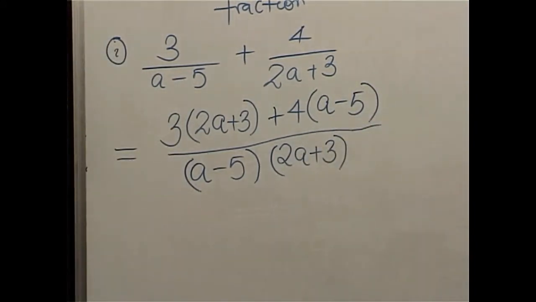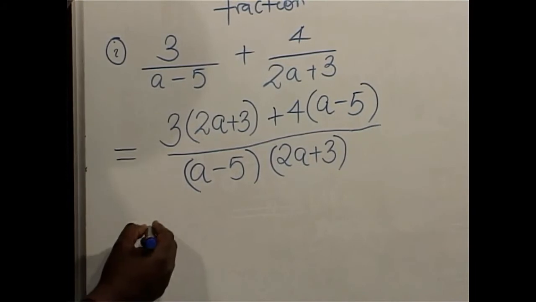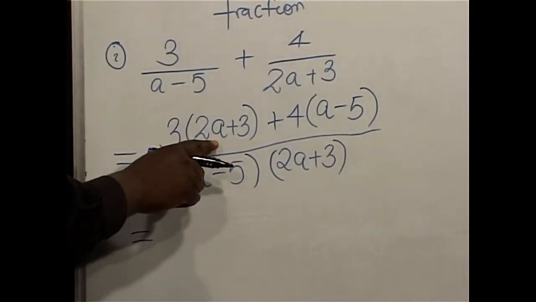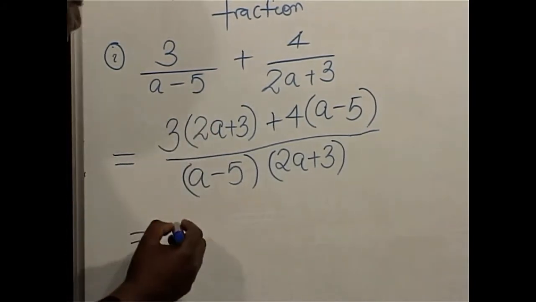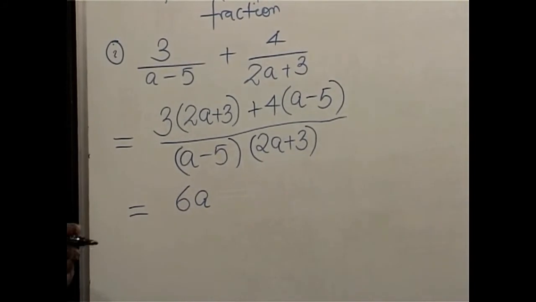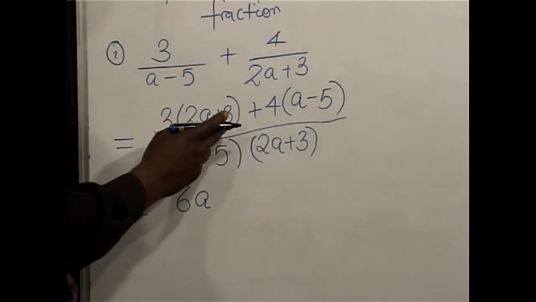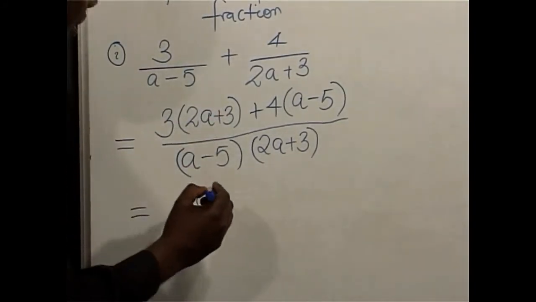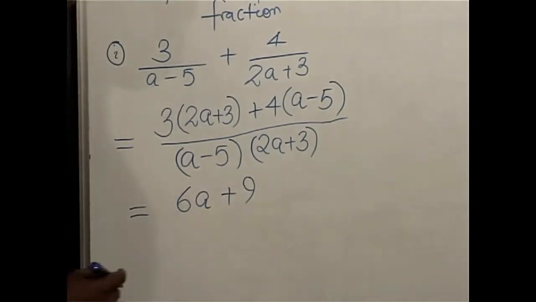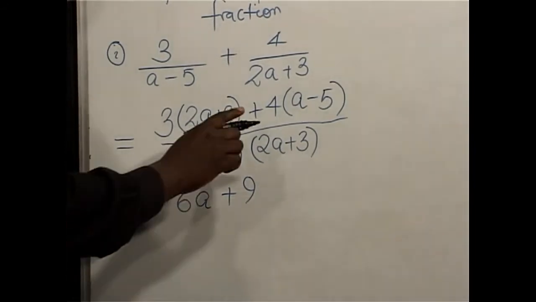Then there will be need for us to expand the numerator and simplify. So we proceed. 3 on 2a, the result is going to be 6a. 3 on positive 3, the result is going to be positive 9. Then we move on.